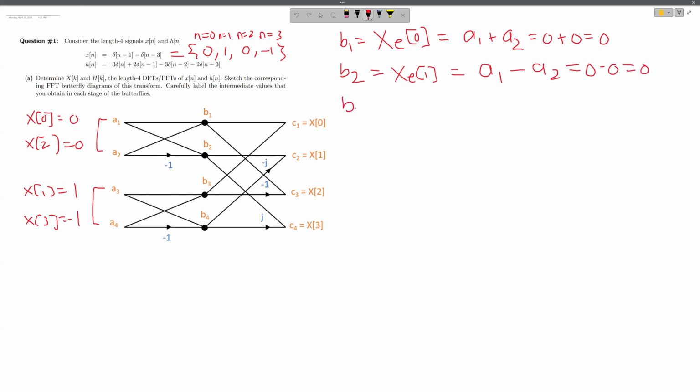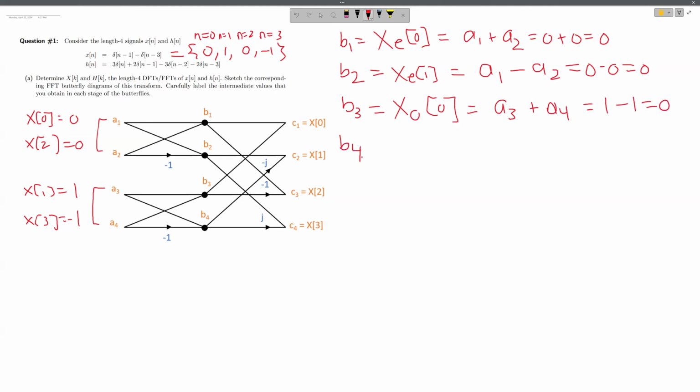Next, B3 is equal to the sum of A3 and A4 by following the trail. And this is actually the odd term, capital X odd of 0. That's A3 plus A4, and in this case, that would be equal to 1 plus -1, which equals 0.